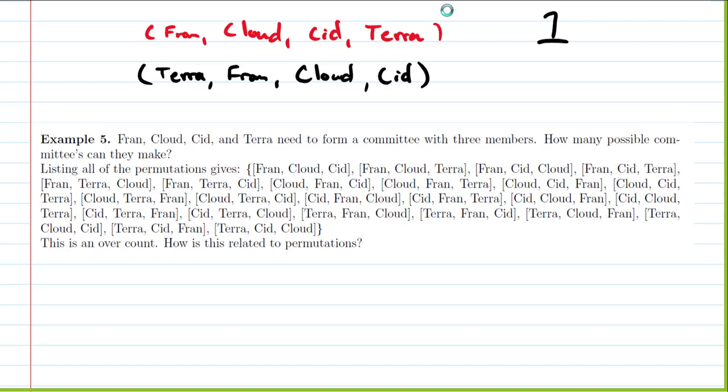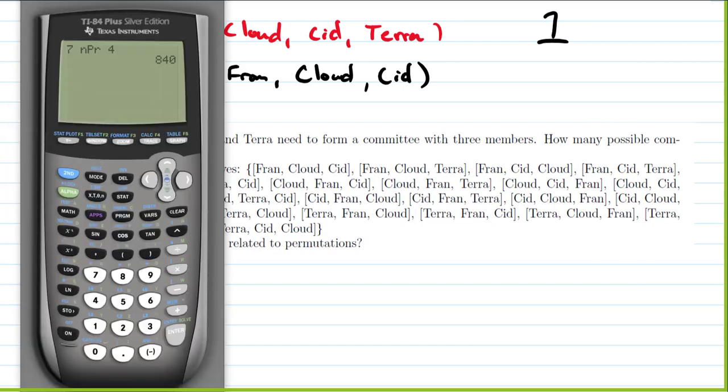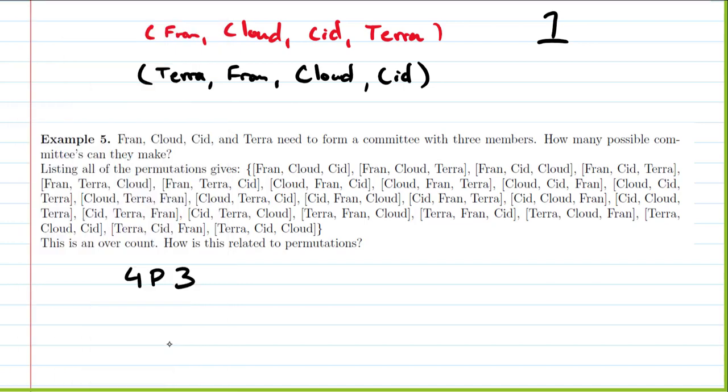So remember, the permutations for 3 people is going to be 4P3. If we calculate 4P3, we get 24. So I've listed all 24 possible permutations of that set.